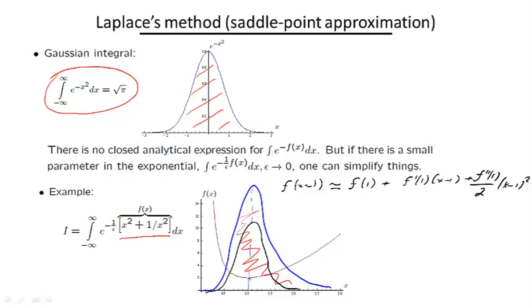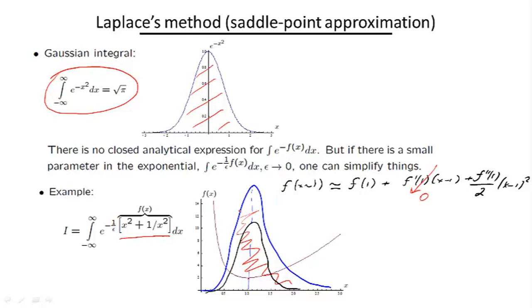But since this is the minimum of my function, the first derivative here vanishes, so it becomes equal to 0. And so the only terms that matter in the leading order are this one and the quadratic term, which makes the integral that I'm dealing with Gaussian. And as I mentioned, we know how to calculate Gaussian integrals.